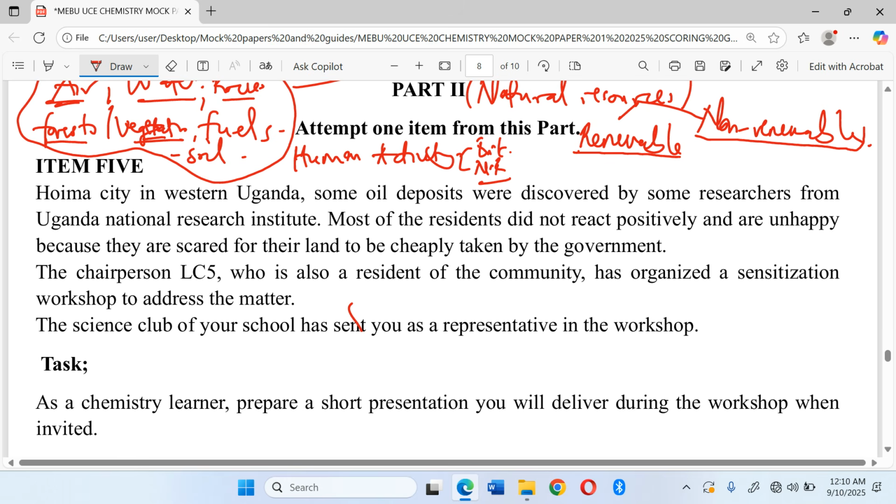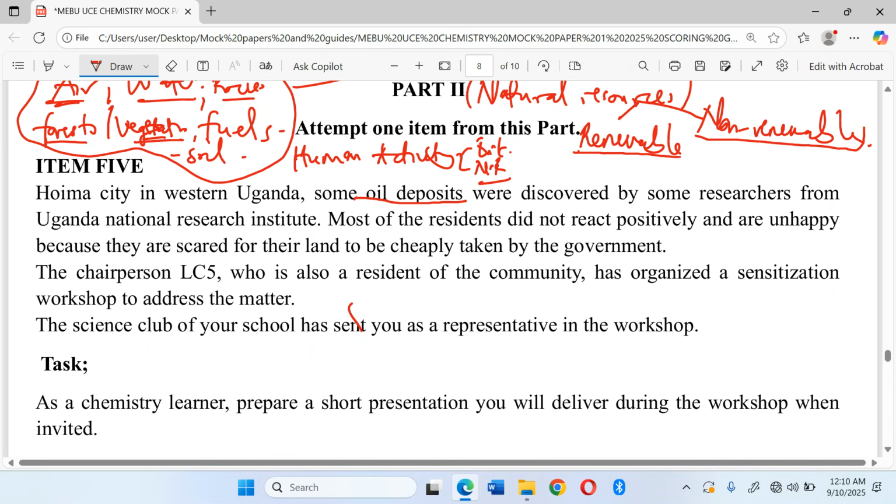So item 5, they're saying, in Hoima City in western Uganda, some oil deposits were discovered by some researchers from Uganda National Research Institute. Most of the residents did not react positively and are unhappy because they are scared for their land to be cheaply taken by the government.